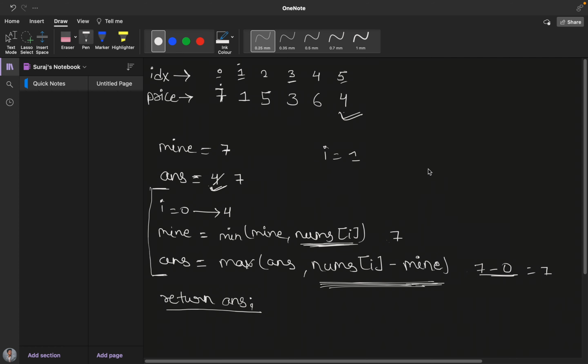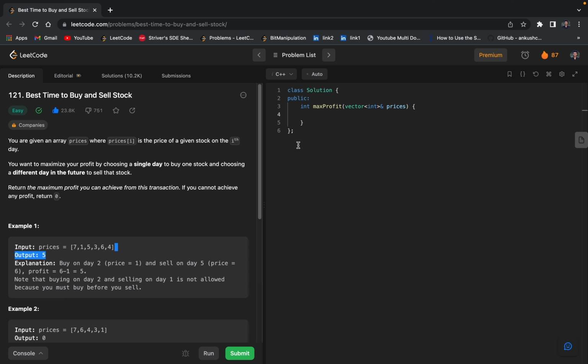So I hope you understood the algorithm. Now it's time to code the algorithm. Let's take n is equals to prices dot size. This is the variable which will be dealing with the minimum value.